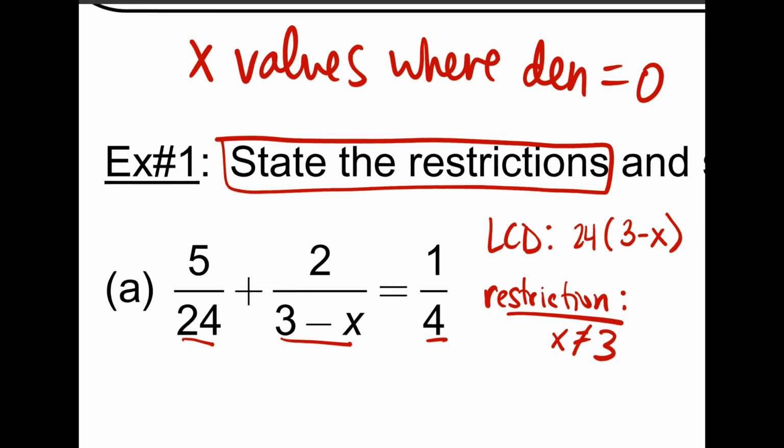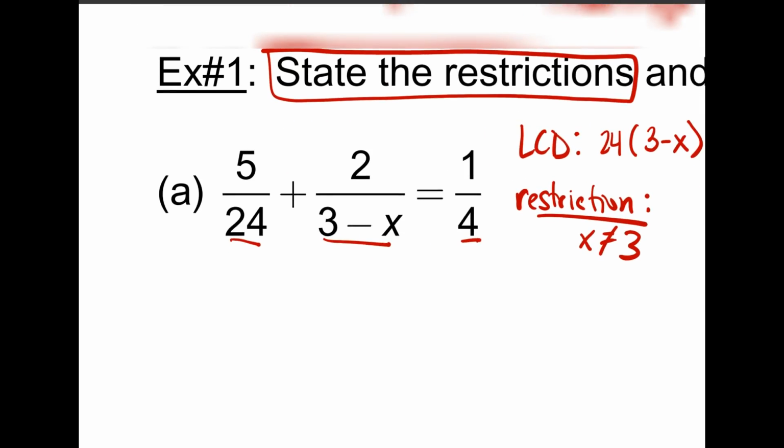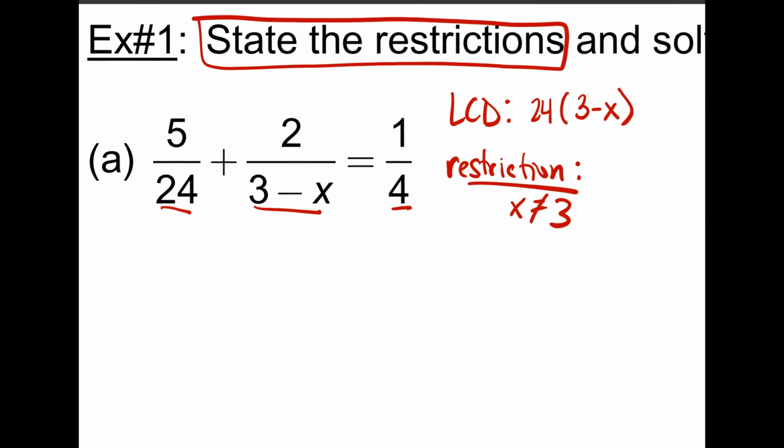Okay, so let's go back up here. Step 1, factor any terms that are factorable. Well, that didn't apply to us, so we're done. Determine least common denominator, done. Multiply each term by the least common denominator. So I'm going to multiply every single term by that 24 times 3 minus x.